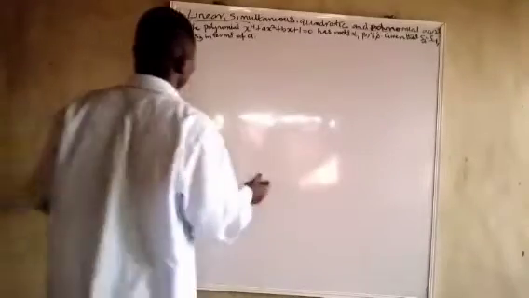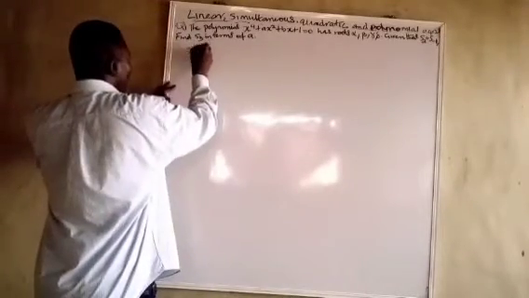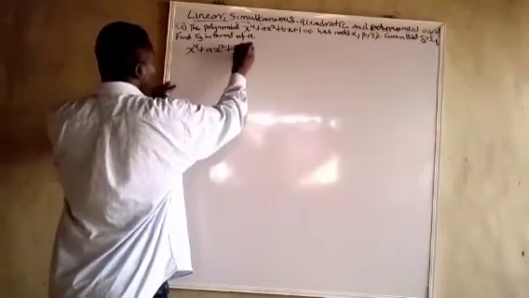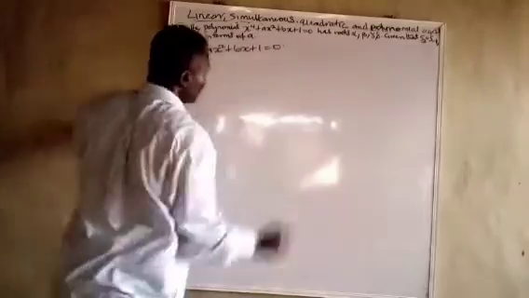The polynomial x raised to the power 4 plus ax squared plus bx plus 1 equals 0 has roots alpha, beta, gamma, delta. Given that S2 equals S minus 1, find S3 in terms of a. Here, we have this equation x raised to the power 4 plus ax squared plus bx plus 1 equals 0.